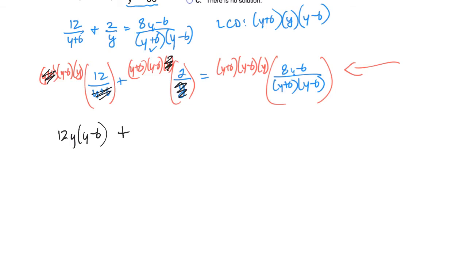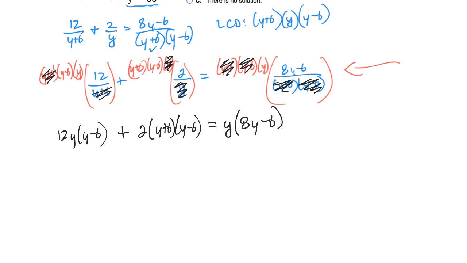So I'm left with a 2, and then a y plus 6, y minus 6. On this side, the y plus 6 and y minus 6 all cancel, leaving me with a y and an 8y minus 6. Let me take a look and see if I'm happy there. Yeah, I think I'm okay so far. Okay, now I'll need to use the distributive property to simplify it a bit.